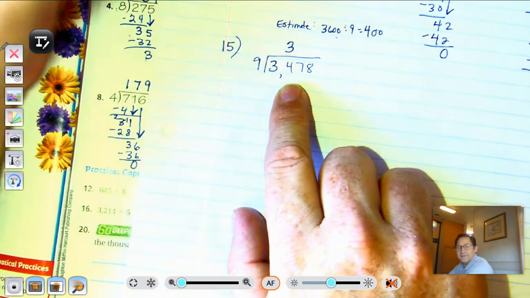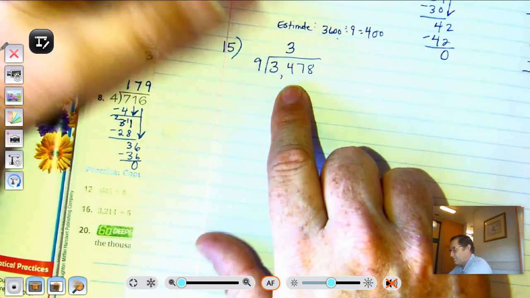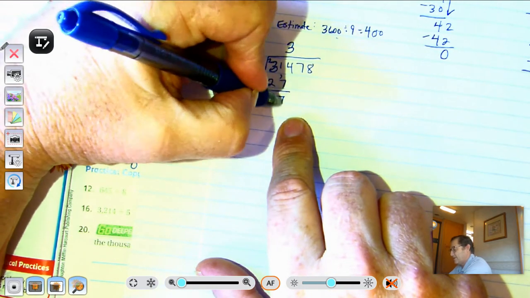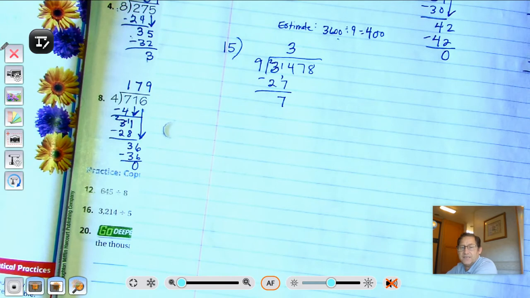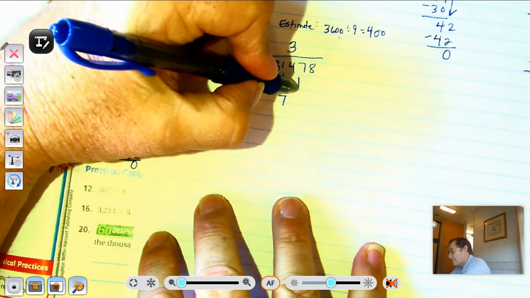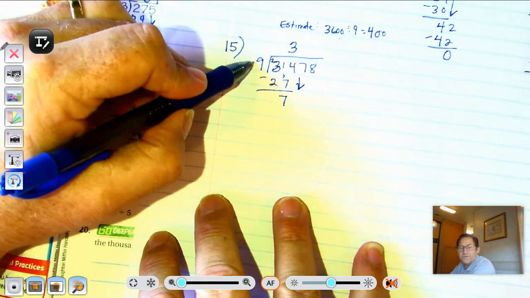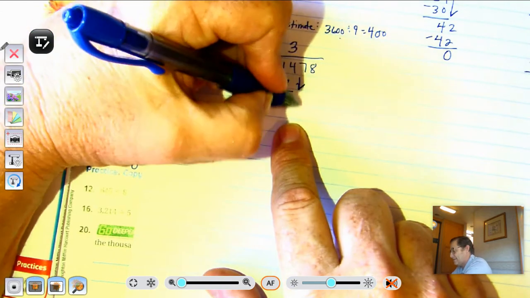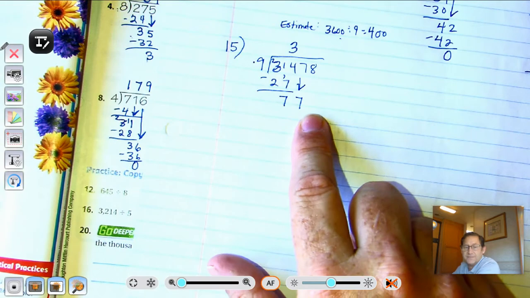That would be 3. 9 times 3 hundreds would be 27 hundreds. Subtract, we're going to be left with 700s. I can't share 700s with 9 groups, so let's trade those 700s for 70 tens and bring down the other 7 tens.